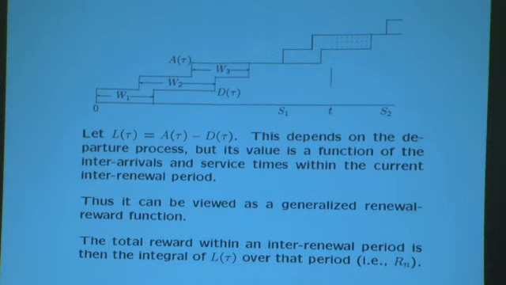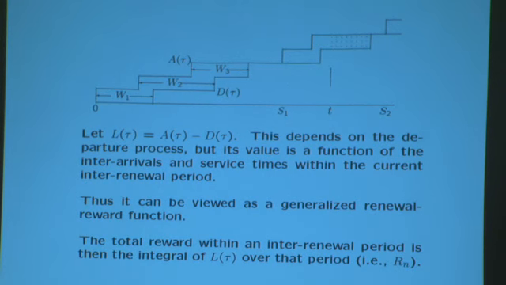So here's a renewal, and so forth. Suppose we look at the difference between A(t) and D(t). A(t) is the number of arrivals that have come in up until time t, counting this arrival at time 0. D(t) is the number of departures that have occurred. What is the difference? The difference, L(t), is the number of customers in the system at time t.